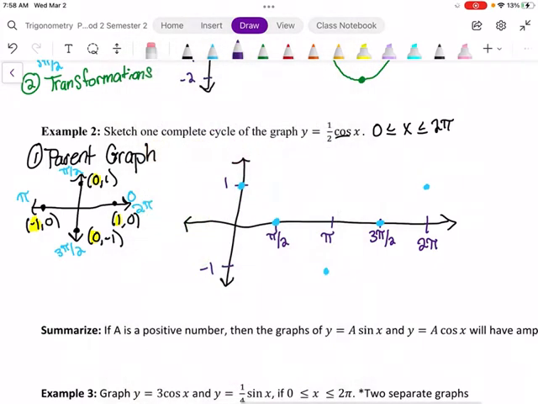And if you want to get a full cycle, you can add in -pi over 2 over here, and that would also be 0. So now we have our parent graph. Draw this in there. Perfect. Okay. Once you have your parent graph, then step 2 is to go ahead and do any transformations.